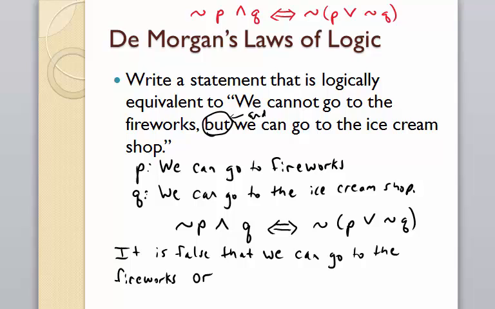Or, and the negation of Q is we cannot go to the ice cream shop. And so now we have a statement that is logically equivalent to our original statement.